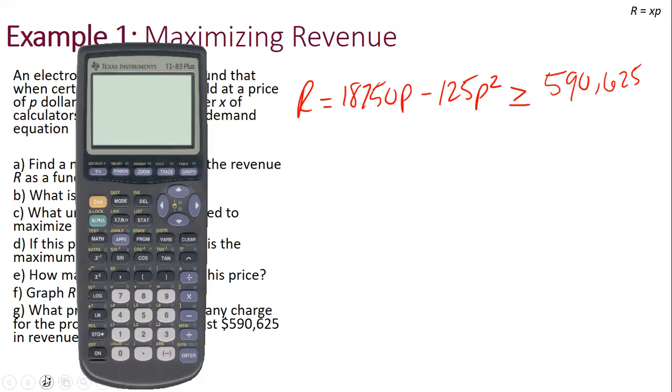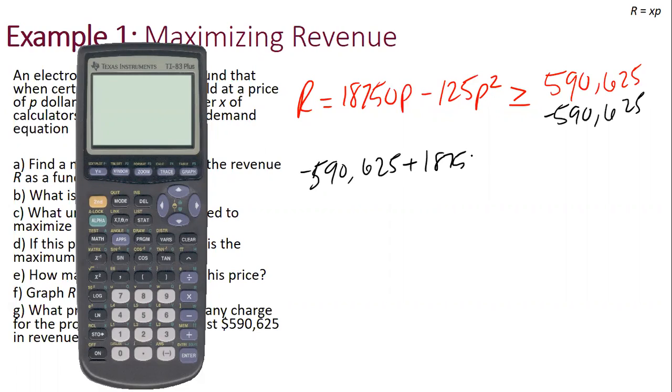So when we're solving this inequality, the first thing is we want this side to be equal to 0. So if I want to make this equal to 0, I'm going to have to subtract 590,625. When I subtract, it just becomes part of the problem because it cannot combine, right?